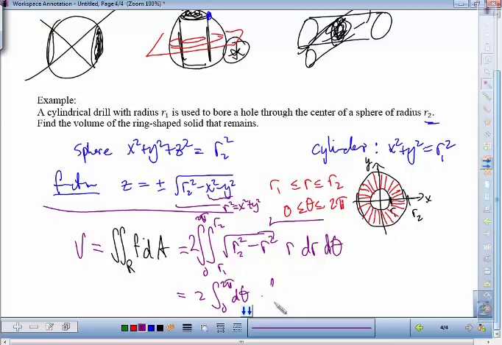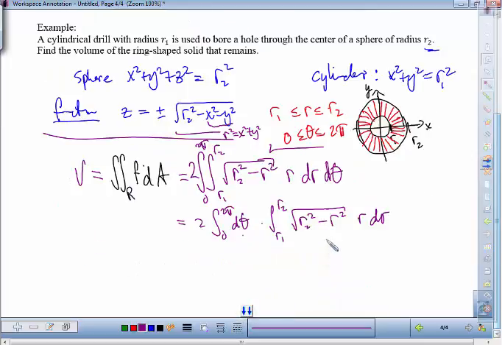And then you have an integral from r1 to r2 of the square root of r2 squared minus r squared, times r dr. And if you think that this is going to be difficult, that you might need some trig substitutions to do this, well, think again, because this is easier than it seems.